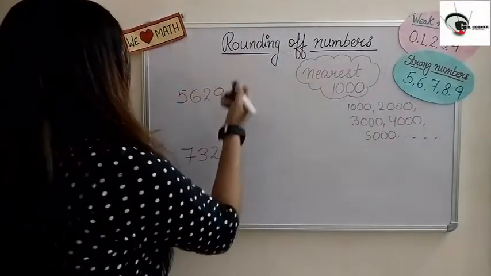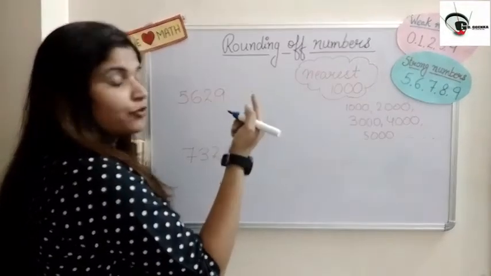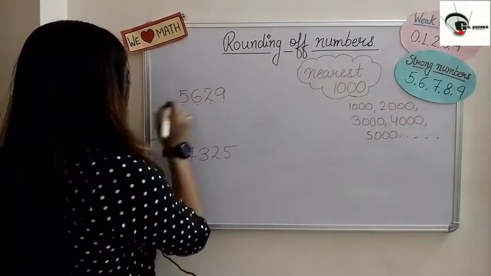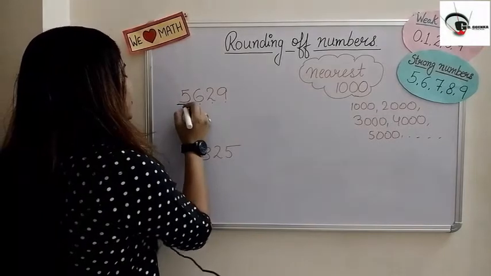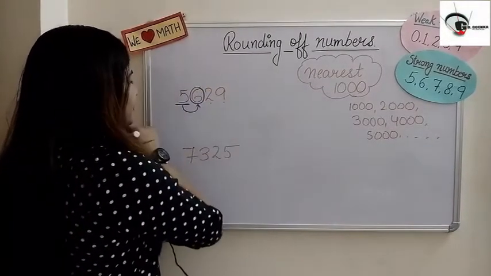So in this number, let us count. Yes kids, you can speak after me. Ones, tens, 100 and 1000. So this 5 is at the 1000 place, and we are going to circle this number, that is 6.